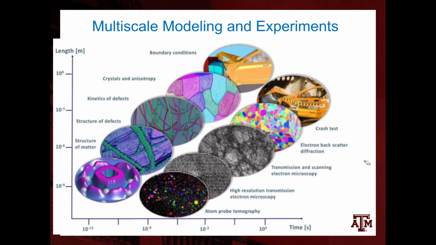So we use the traditional concept of divide and conquer, where we look at different scales, try to understand the behavior, the property, and the phenomena happening in those scales, and then we connect those scales together.